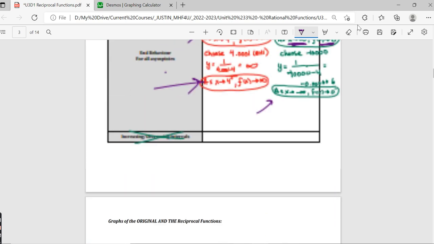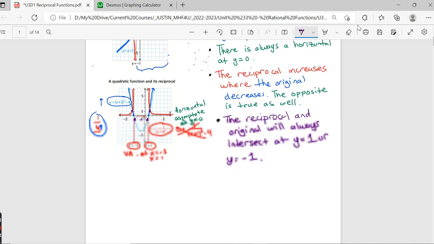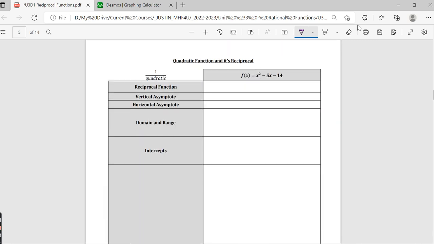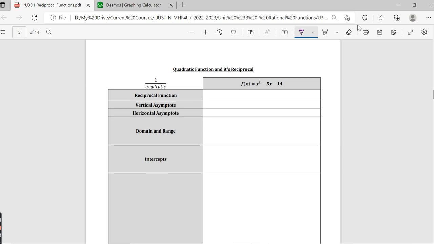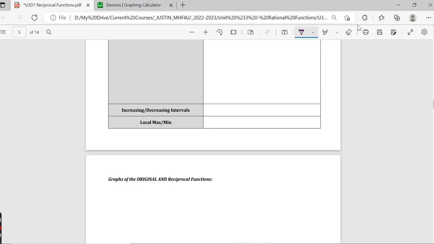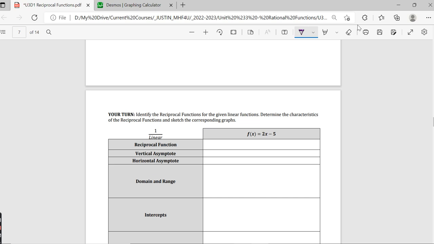Okay, so I don't think it's realistic actually to cover the quadratic versions as well, although it's the same thing. A quadratic function and its reciprocal is the exact same thing, but it's more work. So I'm going to save the quadratic for Monday, and kind of wrap this up. What I want you to do is only do the linear ones, only the 1 over linears.